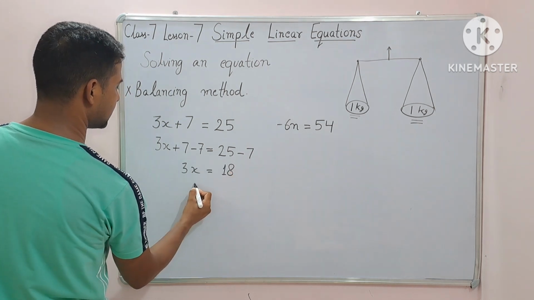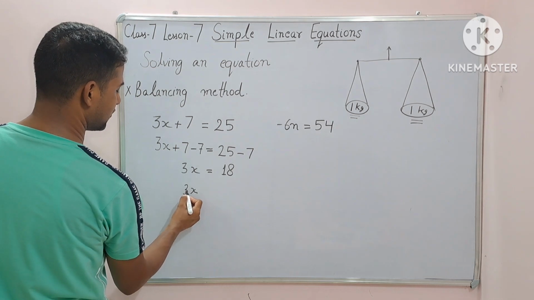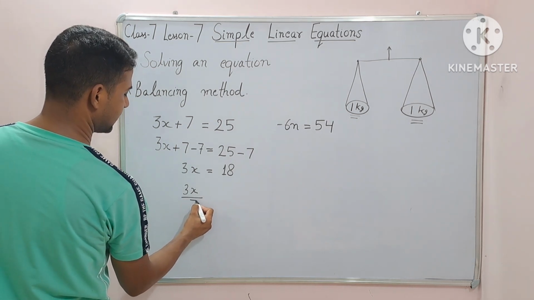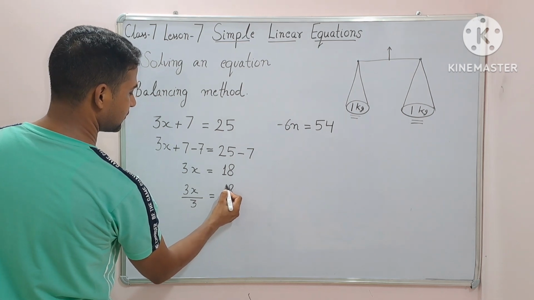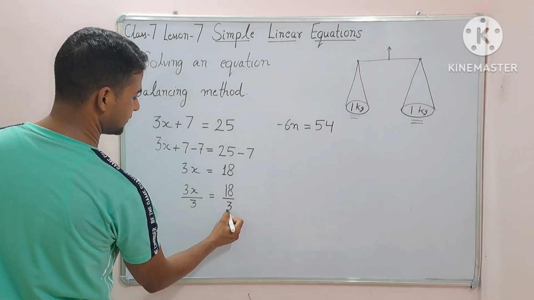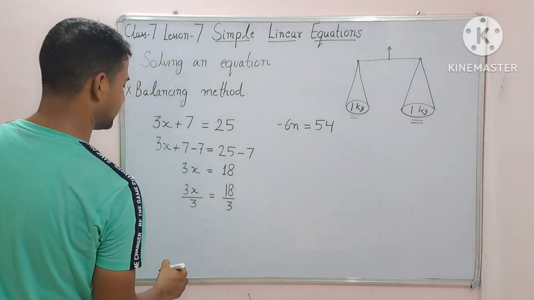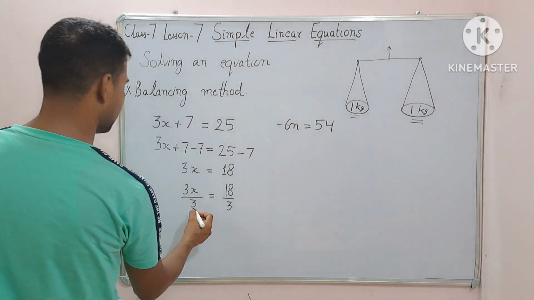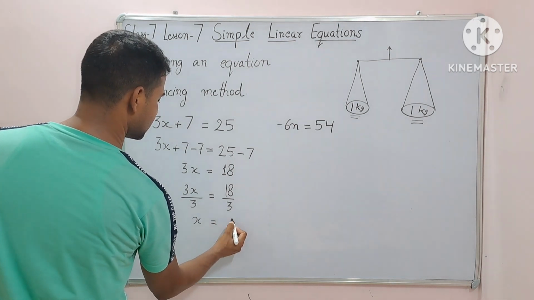Then 3x, for removing this 3 we have to divide it by 3. 18 divided by 3 for maintaining this equation or balance. x is equal to 6.